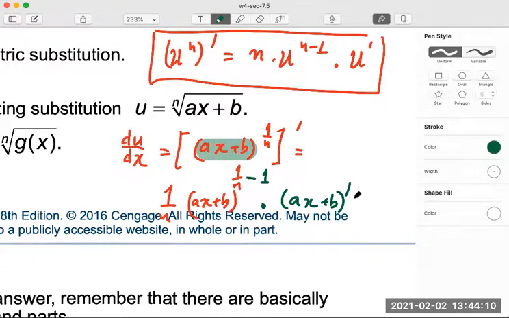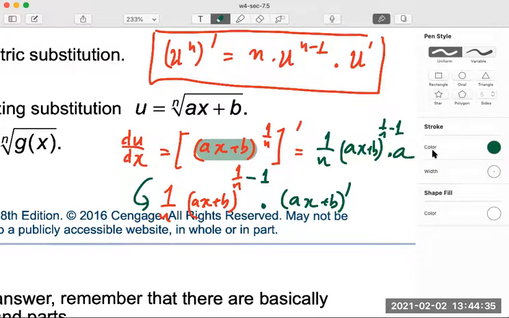Very good. Then 1 over n is 1 over n, and here ax plus b to the 1 over n minus 1. And the last term becomes what? Yes, simply a. Thank you.